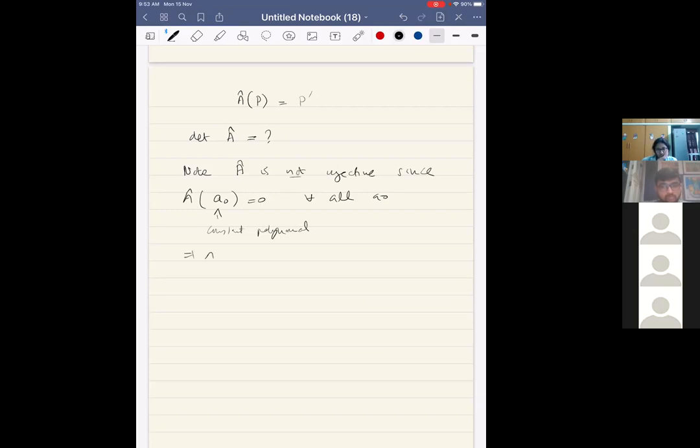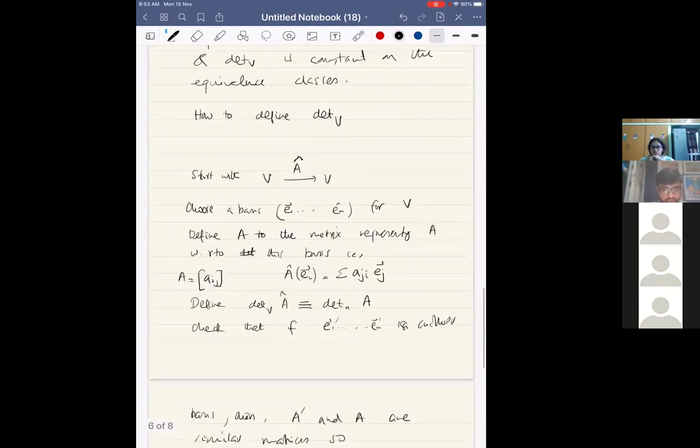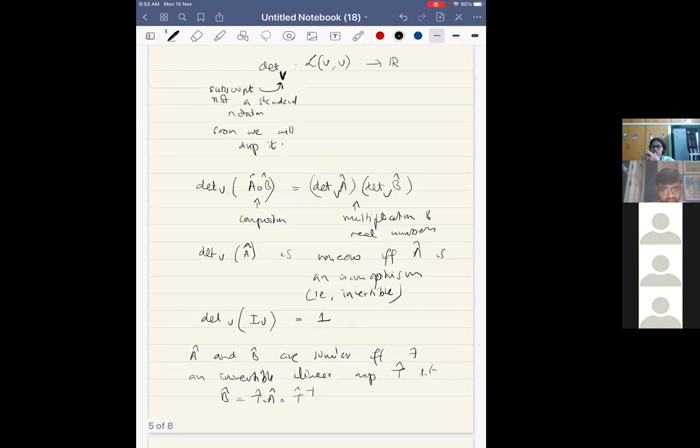Therefore, A hat is not injective, which implies A hat is not invertible, which implies det of A hat is 0. It's one of the properties of det V that I had listed here: det V of a linear map is non-zero if and only if it is invertible.